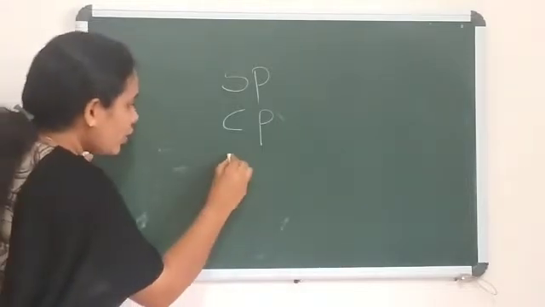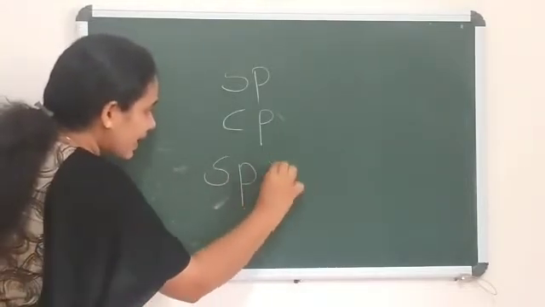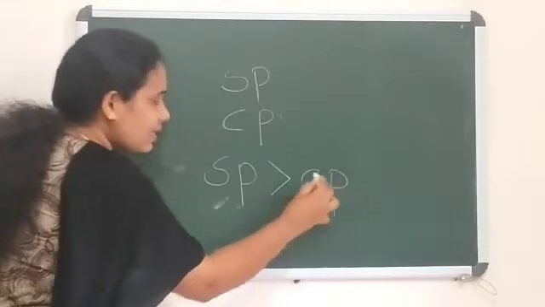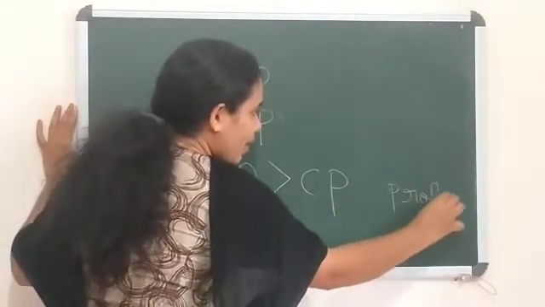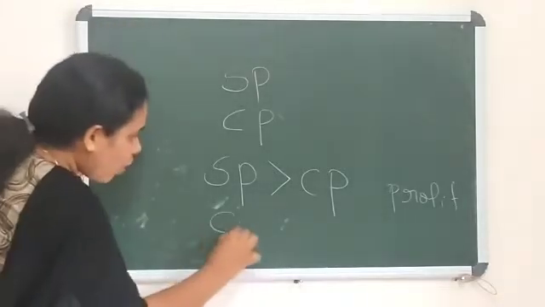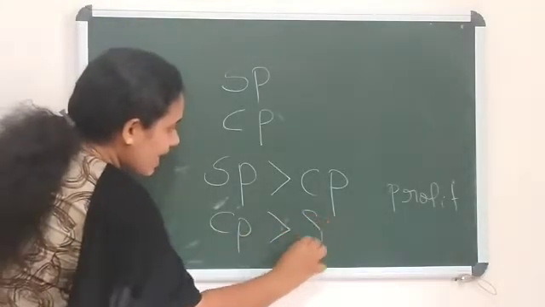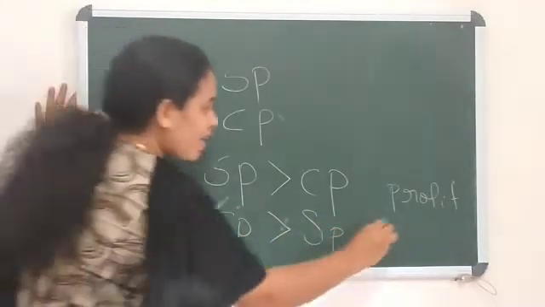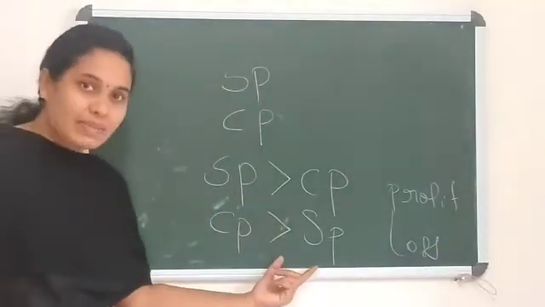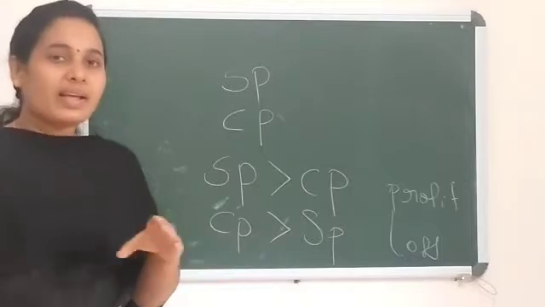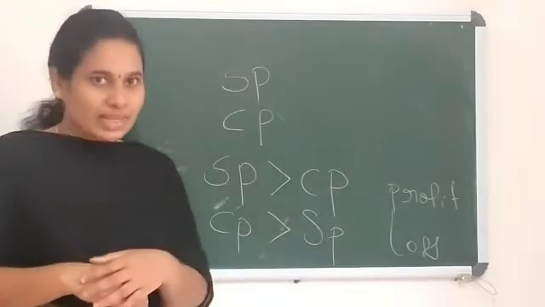If selling price is greater than cost price, there will be a profit. If cost price is greater than selling price, we will have a loss. You need all these basic ideas to solve the problems related to this.